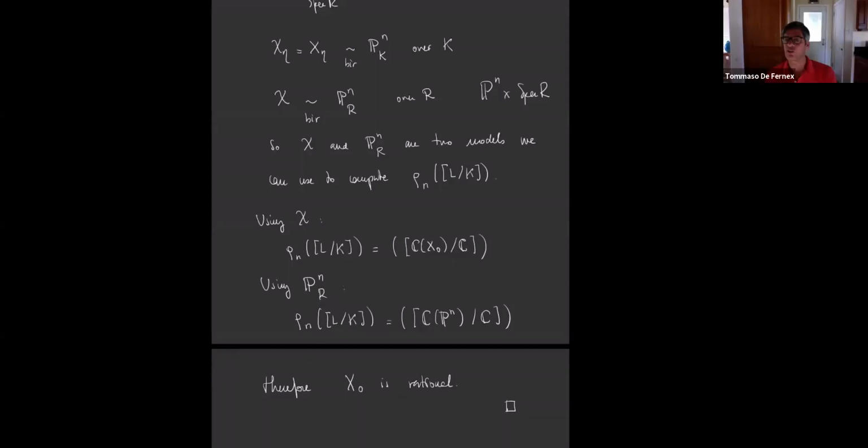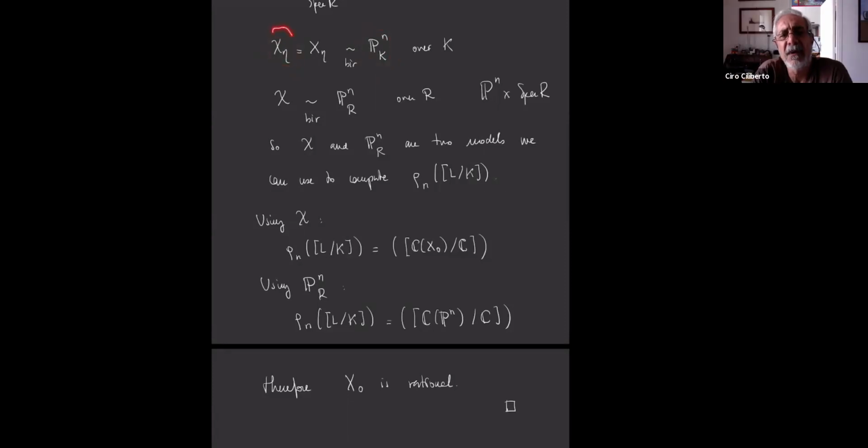The function field of the generic fiber is the same as the function field of the total space, and it is isomorphic to the function field of projective space.